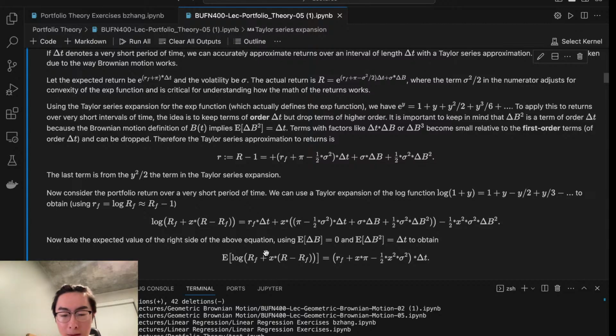X times minus sigma squared plus sigma squared.